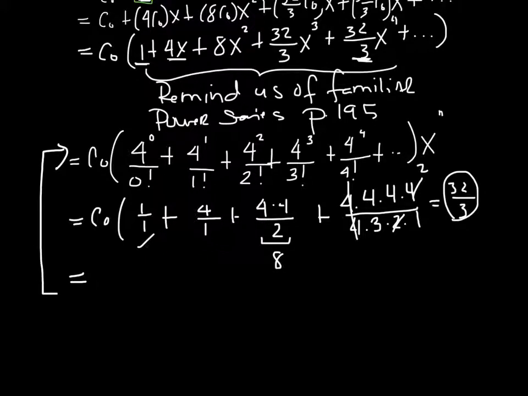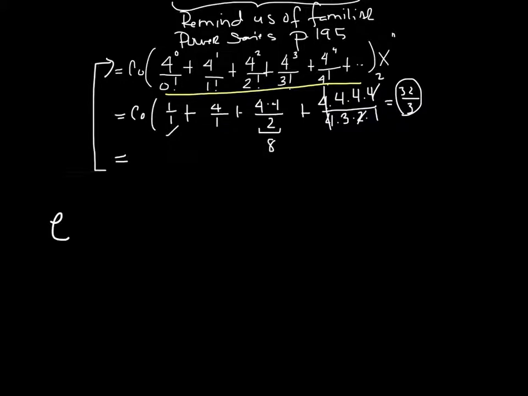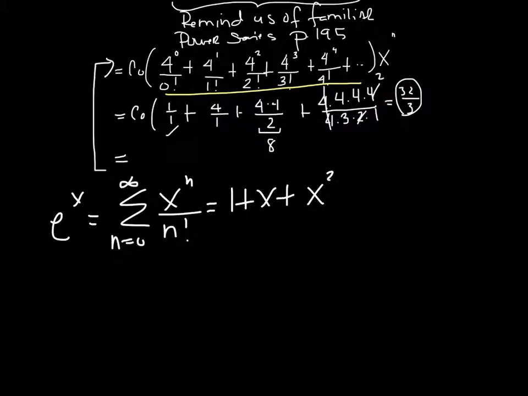What does this one right here remind you of? This definitely looks like e to the x, so you can see this. e to the x is the same thing as, shorthand, x to the n over n factorial. We have powers and we have factorials, and this is just 1 plus x plus x squared over 2 factorial plus x cubed over 3 factorial plus dot dot dot. This is not exactly e to the x.